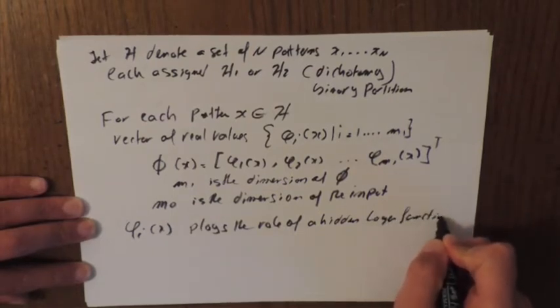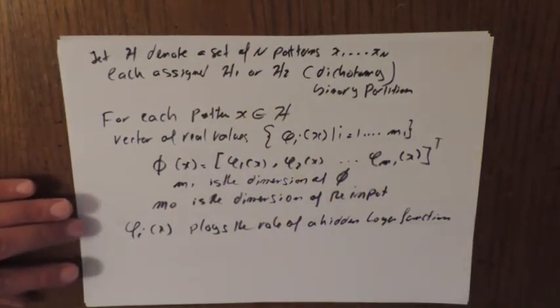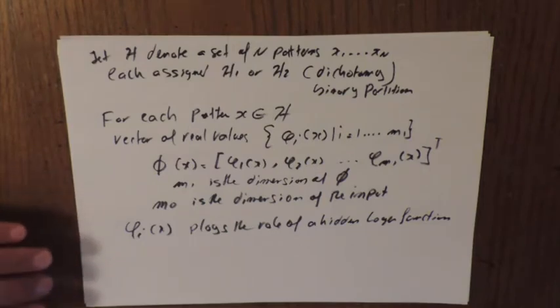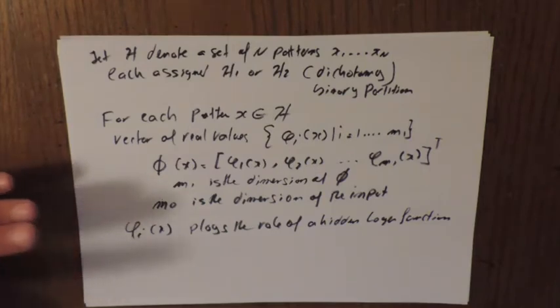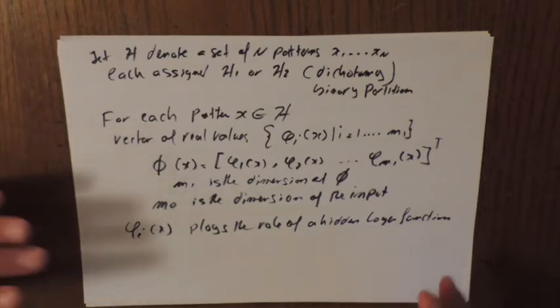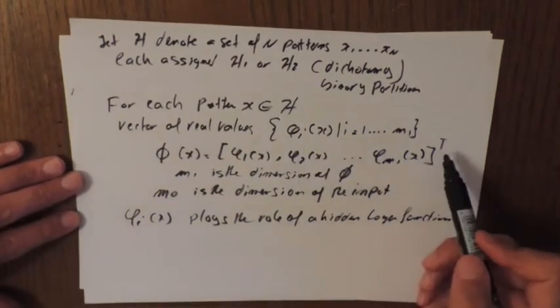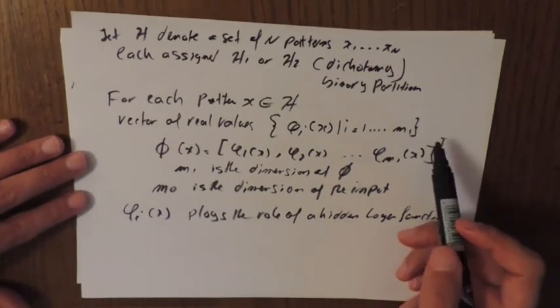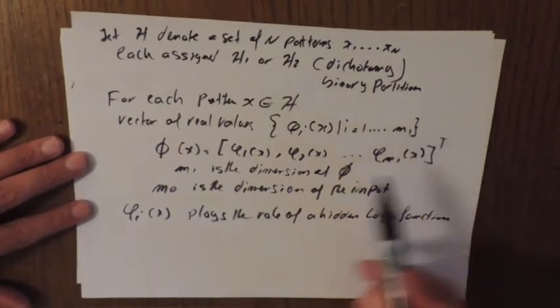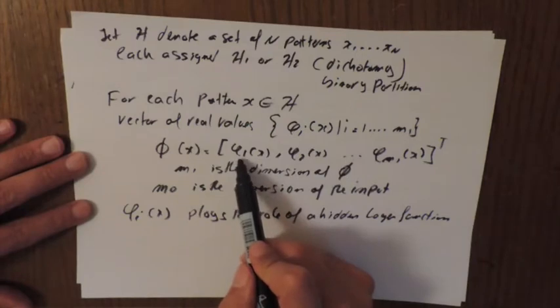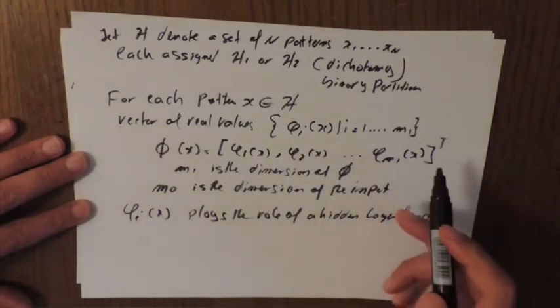And this function will actually transform me from the non-linear space to a linear space. Remember that we have many neurons in the hidden layer. So we have actually m1 of these hidden neurons. Each of them has a specific function, phi 1 of x till phi m1 of x.